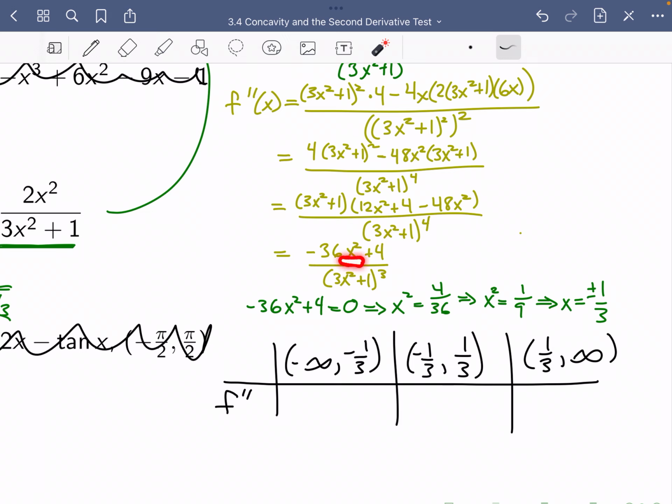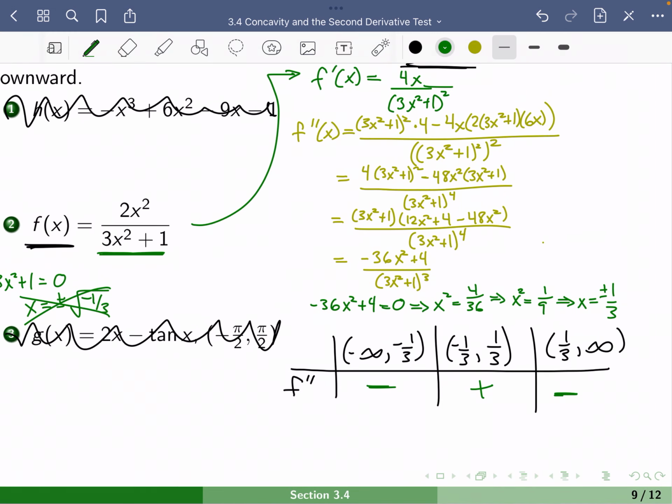Negative 10 squared is positive 100 times negative 36 is negative 3600. Negative 3600 plus 4 is some negative, over a positive is negative. So we have a negative here. Plug in 0 and we will get a positive. Plug in something larger than 1/3 and we get a negative.